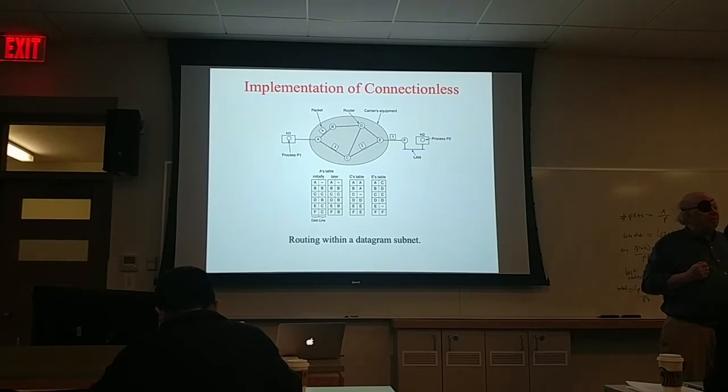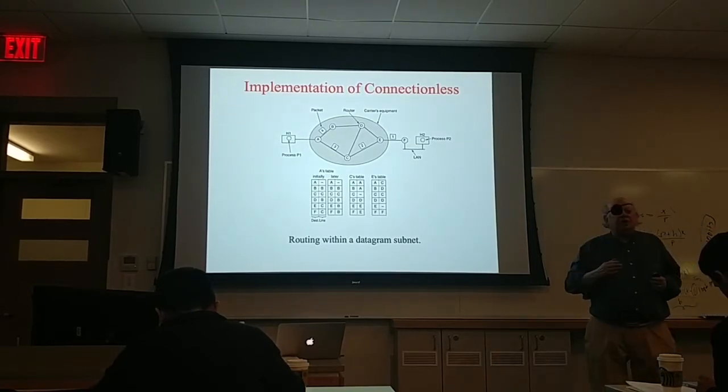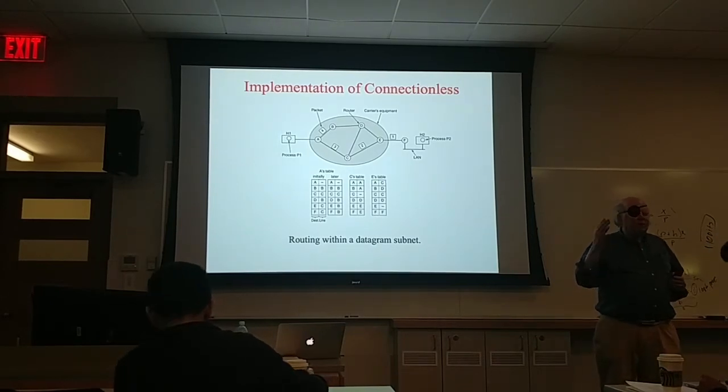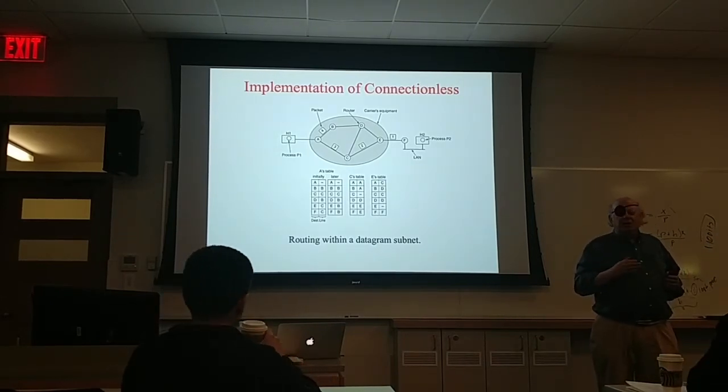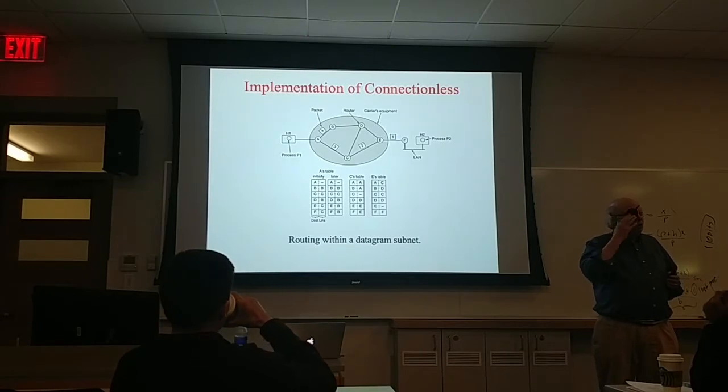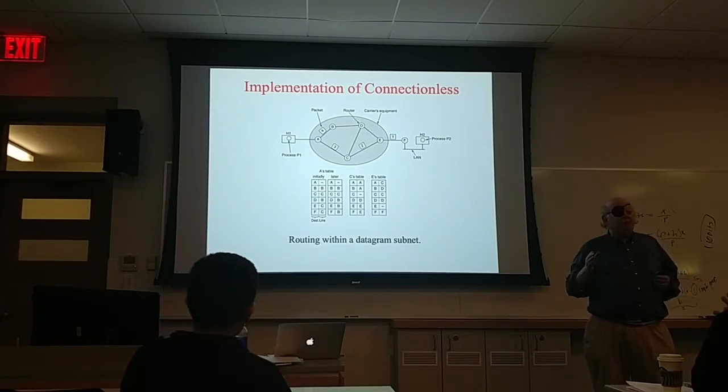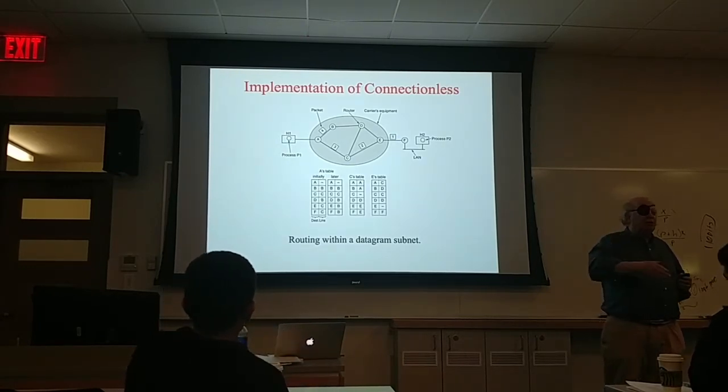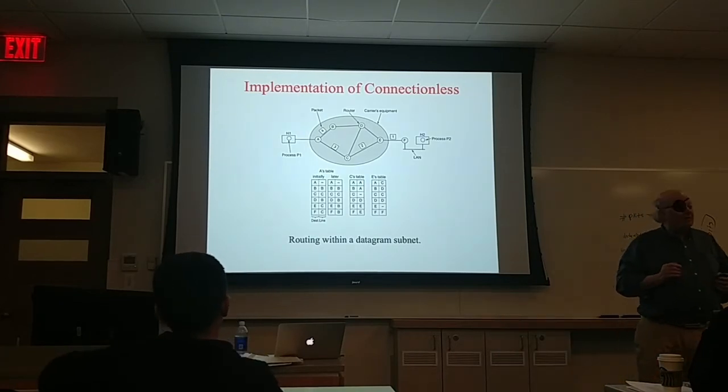And sends it that way. This can change from packet to packet. In datagrams, every packet is forwarded independently of every other packet, and there's no requirement that they all follow the same path. With circuit switching, they will all follow the same path.